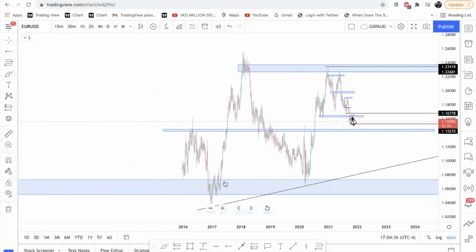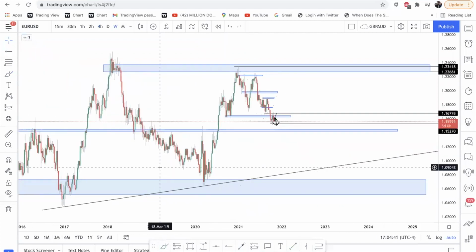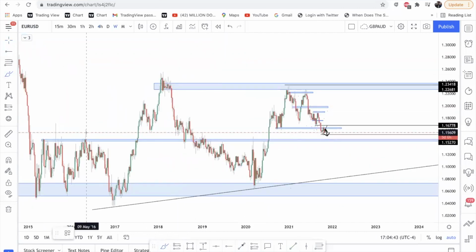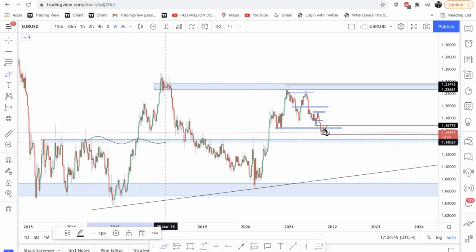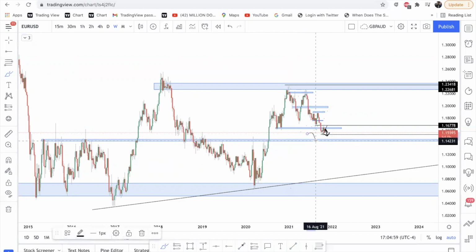Always look left to go right. Back around this structure in here, which could be anywhere from 1.15 even to really 1.14. So we can see price potentially roll back down.